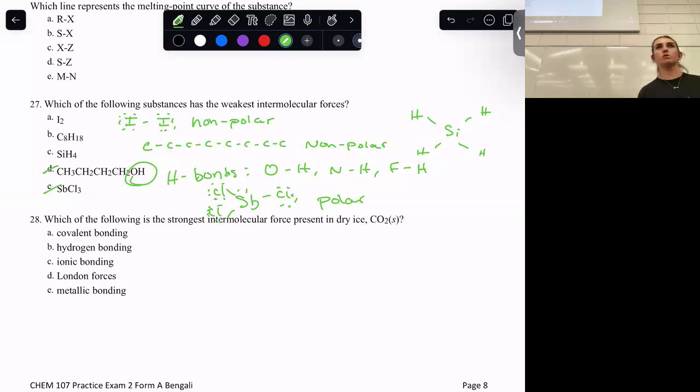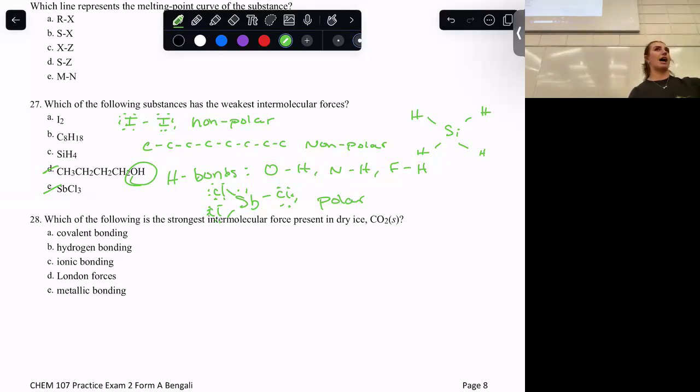Those are all nonpolar. What are the only intermolecular forces working here? London dispersion forces. What do we have to look at now that we've narrowed it down to just the nonpolar? Molecular weight, right? The greater the molecular weight, the more electrons that are going to be within that system, the greater the polarity difference can be if all of those electrons happen to be on one side of the molecule at a time.